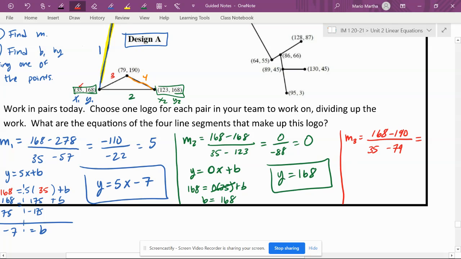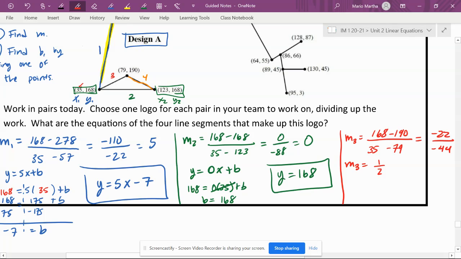If you remember the bigger number is negative, then your answer should be negative. So 168 minus 190 gives you negative 22 divided by 35 minus 79 gives you negative 44. All right. And if you simplify that, you'll see that the slope for the third one is just 1/2, right? Positive 1/2.